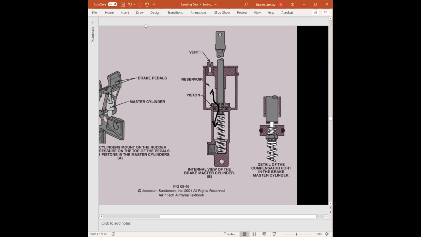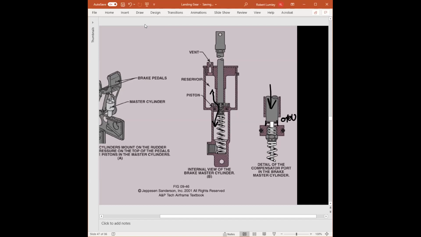So when the brake is released, the compensator port, this part here, is open. When we push this down, the compensator port then is closed, trapping the fluid in the cylinder to be pressurized to the caliper.